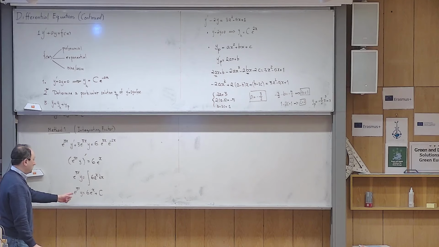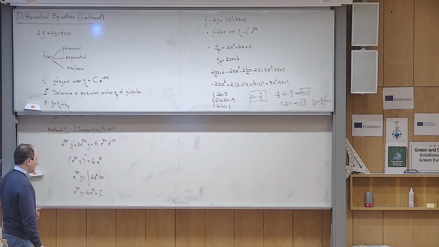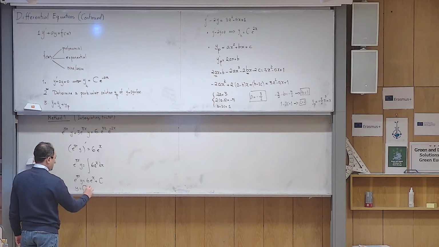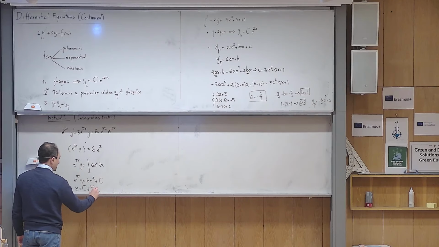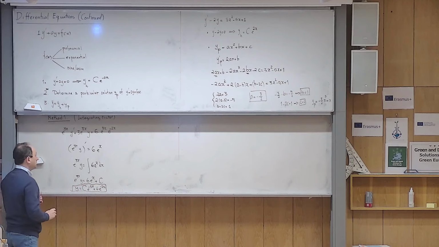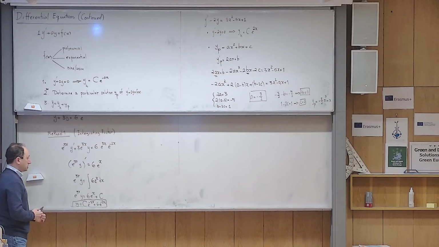In order to find y, I multiply everything by e to the power of minus 3x, or in other words, I divide everything by e to the power 3x. So this becomes c e to the power of minus 3x plus 6 e to the power of minus 2x. So simple as that. This method of integrating factor works fine.